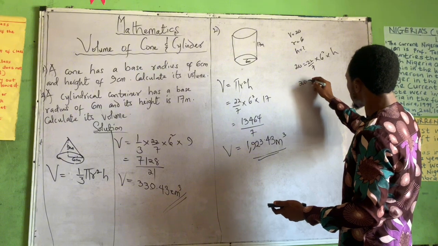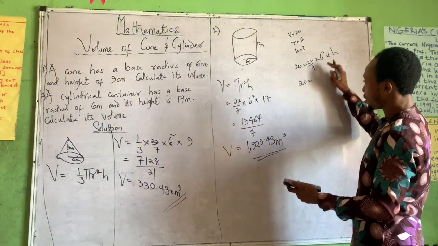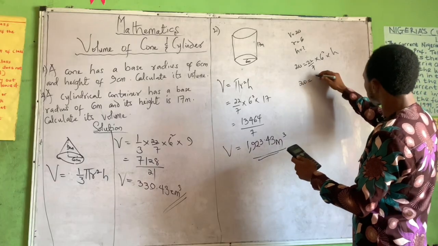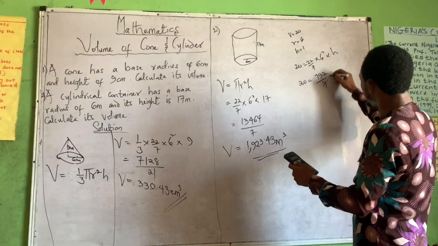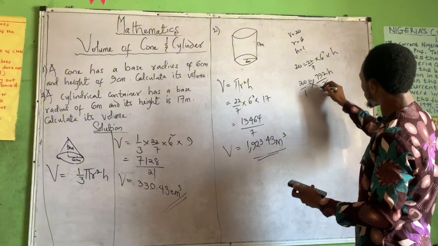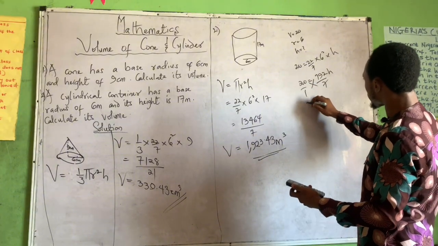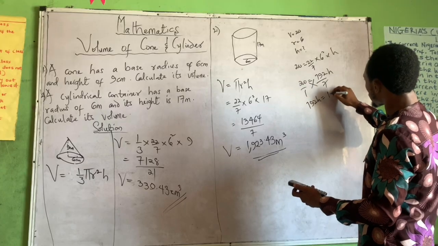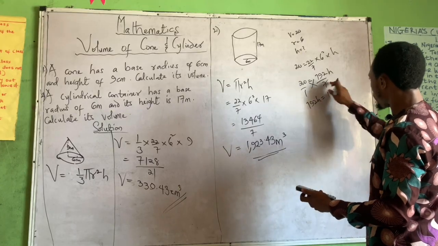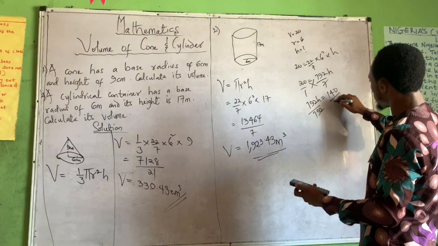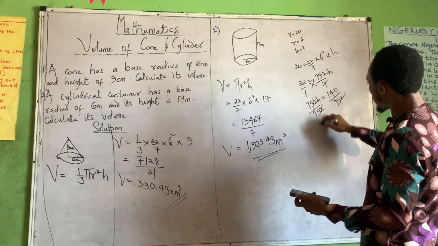So 20 equals 22 times 6 square, which will give us 792/7. Don't forget there's h here. So at the end of the day, you can now cross multiply: 792h equals 20 times 7, which is 140.